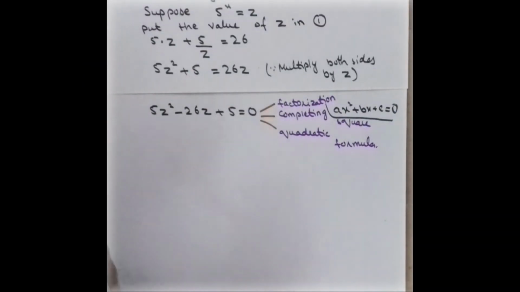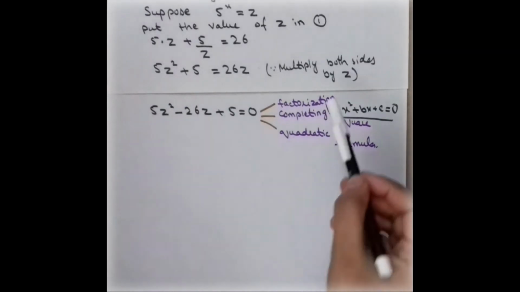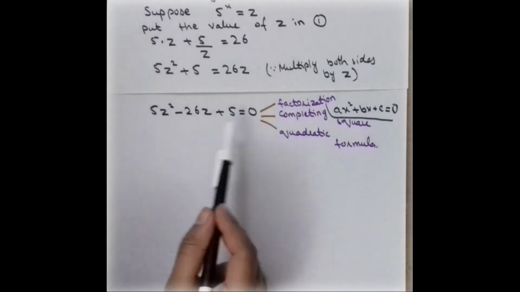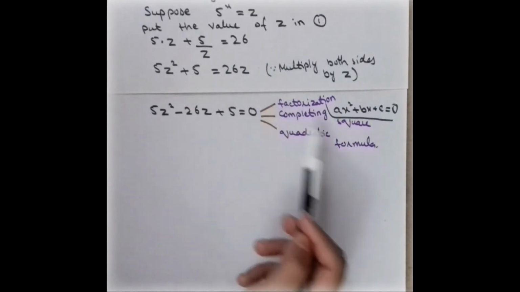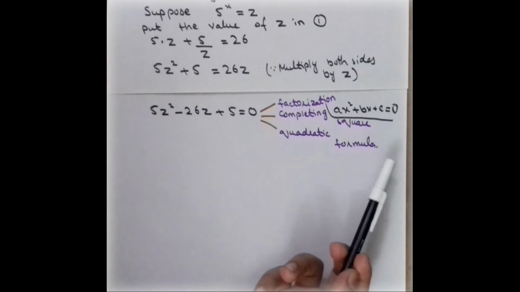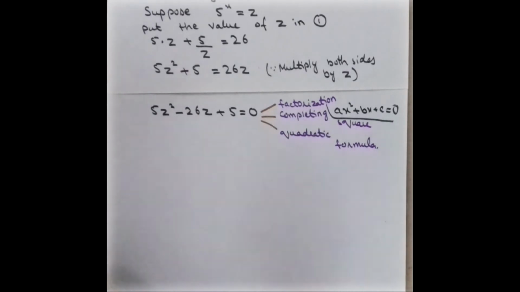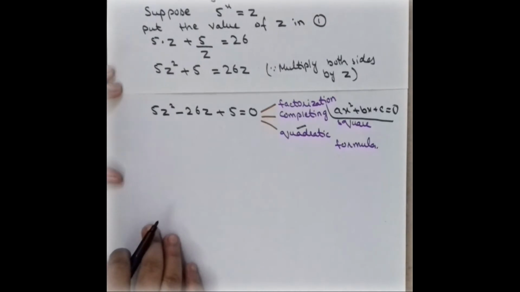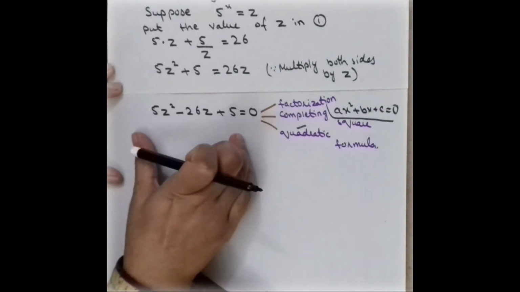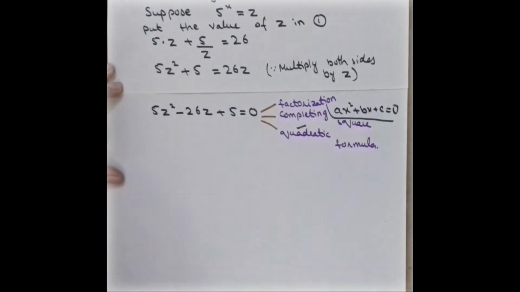Here is a quadratic equation, and we learned in previous videos that we can solve it by any method: by factorization, by completing the square, or by the quadratic formula. So I pick the quadratic formula method. Compare this equation with the standard form to get the values of the coefficients.